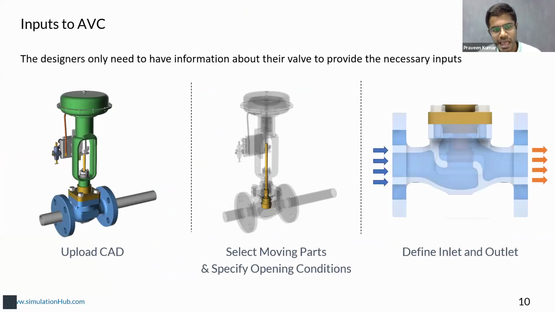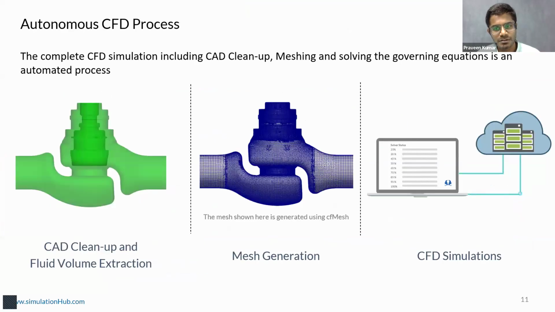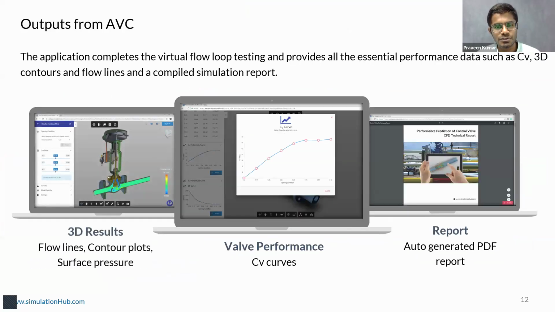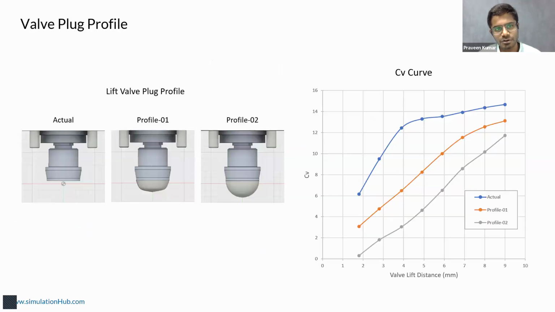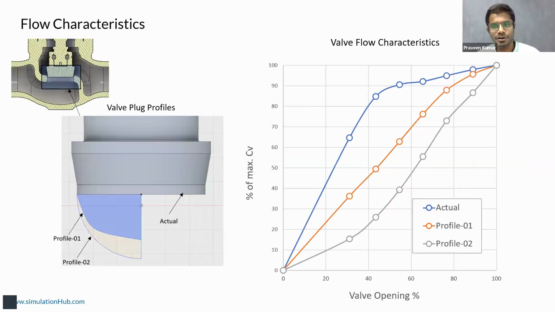And then we went into the app: what are the inputs required for the app, what processes it does in the backend, and what are the different outputs the app provides. With that, we moved into a case study. We took a globe valve case where we modified the plug profile, and we saw how the plug profile impacted the flow characteristics, the CV curve.